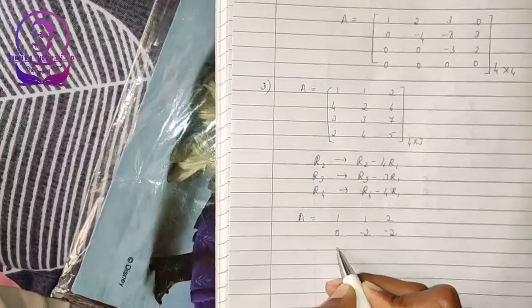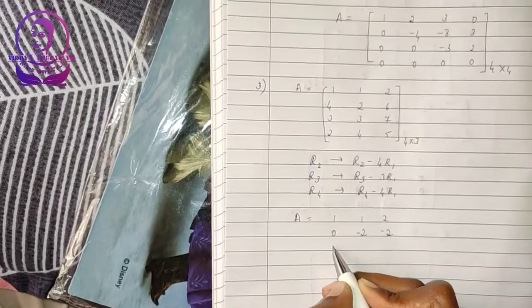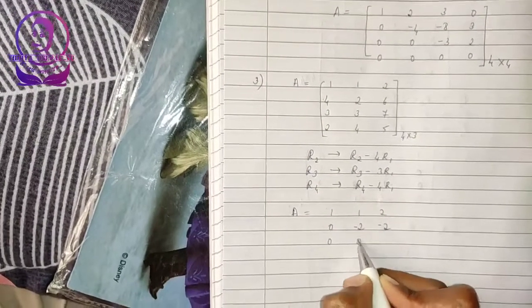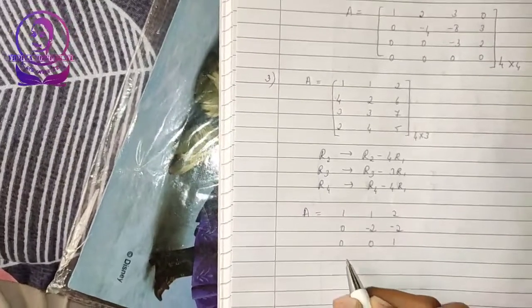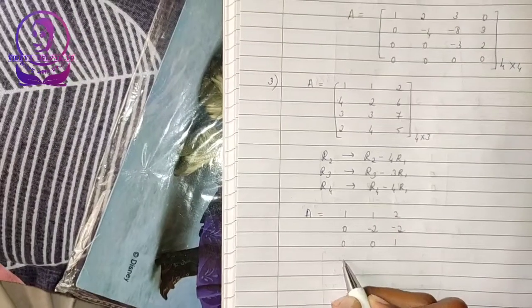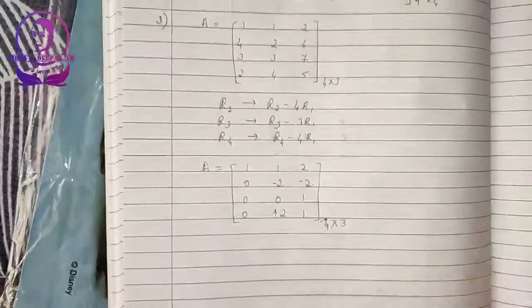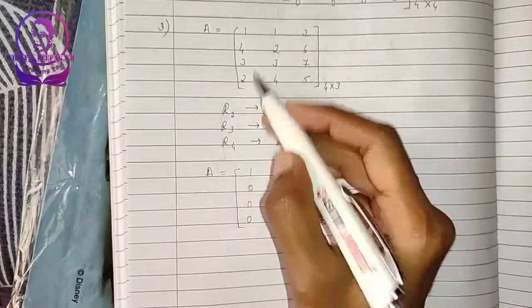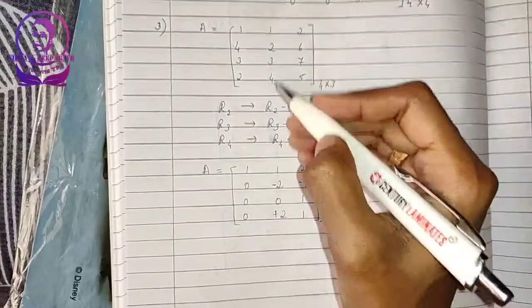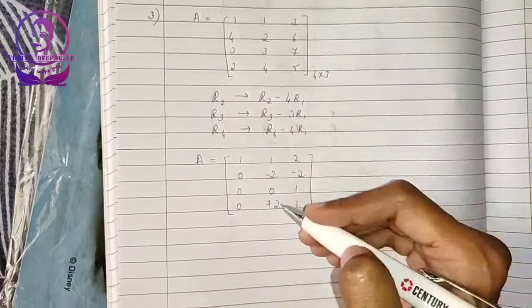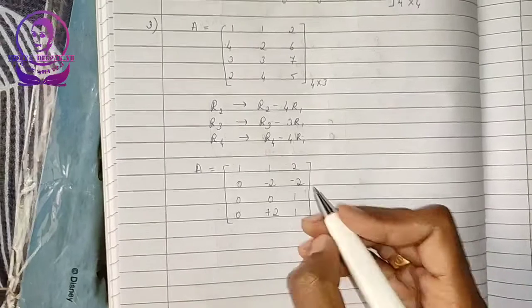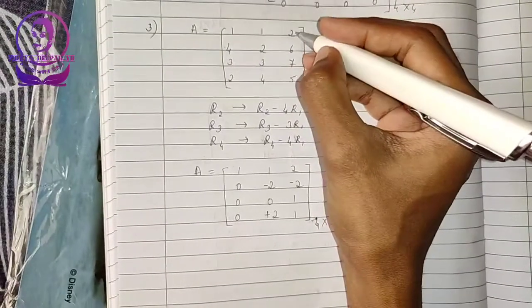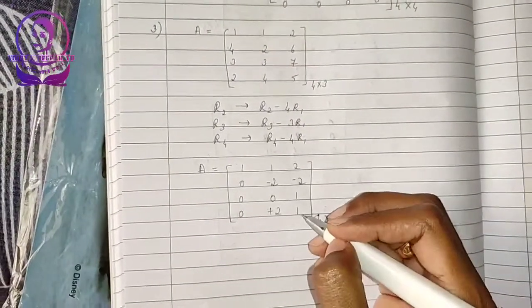Again R3 becomes 3 minus 3 is 0, 3 minus 3 is 0, 3 twos are 6, 7 minus 6 is 1. Again R4: 2 minus 2 is 0, 4 minus 2 is 2, 5 minus 4 is 1, since 2 twos are 4.